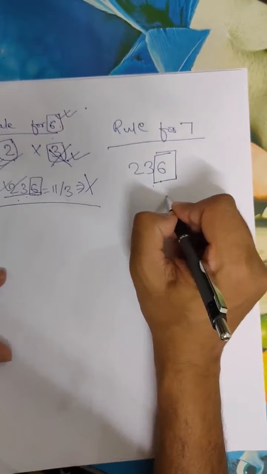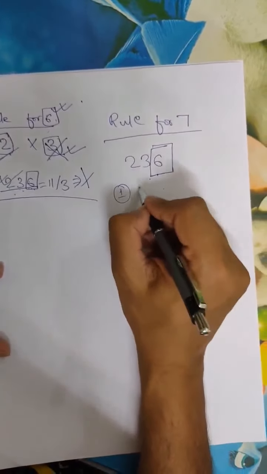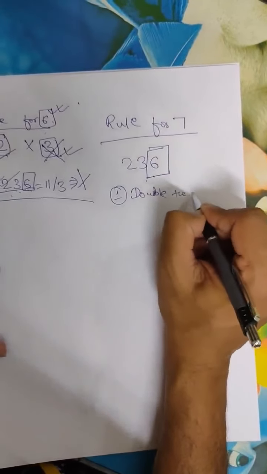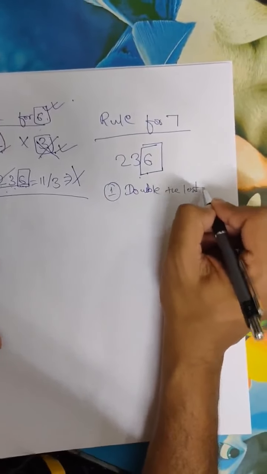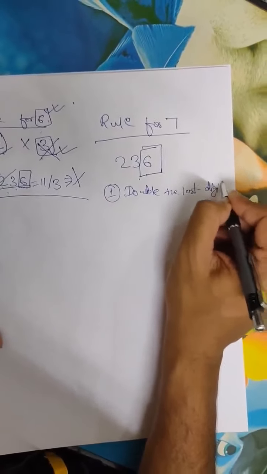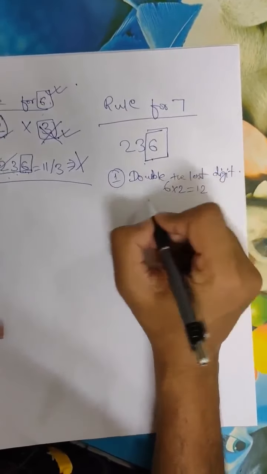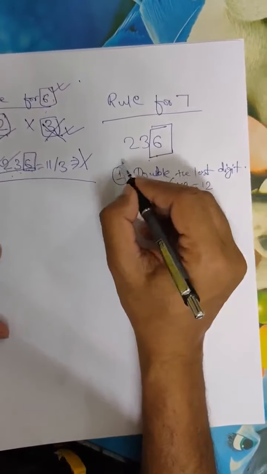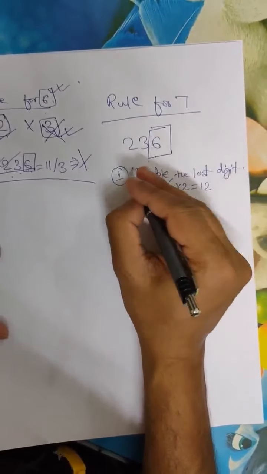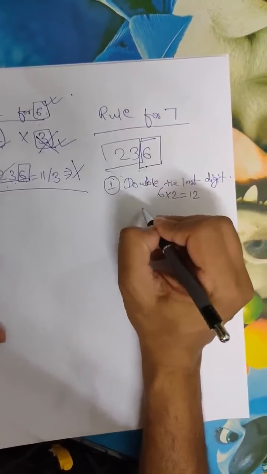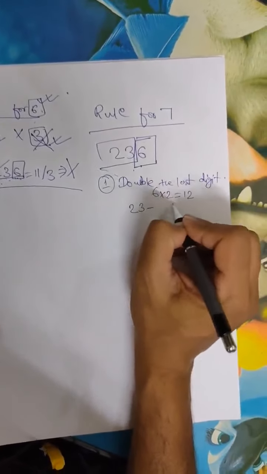So first step is double the last digit. That is 6 times 2 is 12. And what we have to do is subtract this 12 from the remaining number. The remaining number is 23, 23 minus this 12.